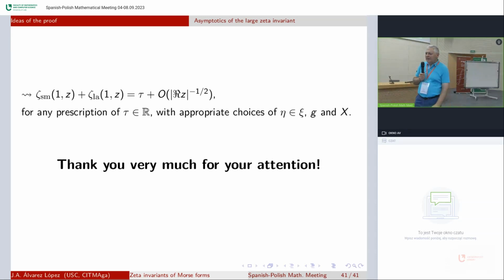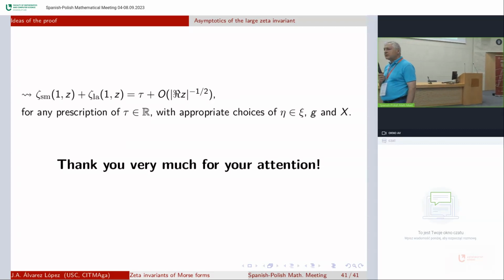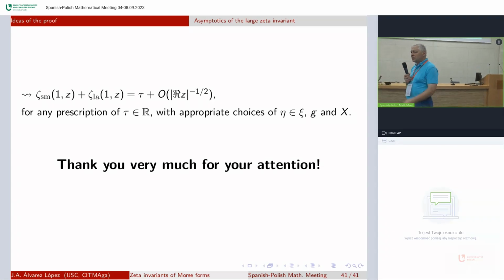Yes. If the form is exact, the differential of the Morse function, then it was used by Witten to show the Morse inequalities, and it also has moral consequences in quantum mechanics. The way he proves the Morse inequalities is that in that case the cohomology doesn't change because it is isomorphic to the usual cohomology.